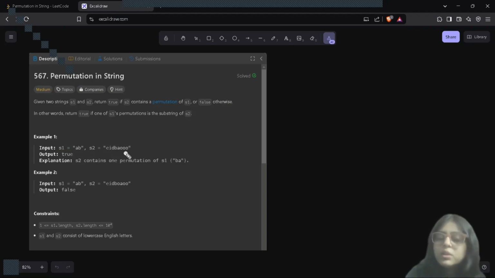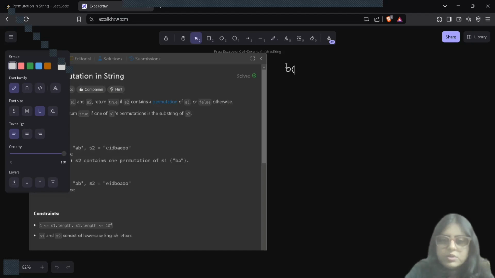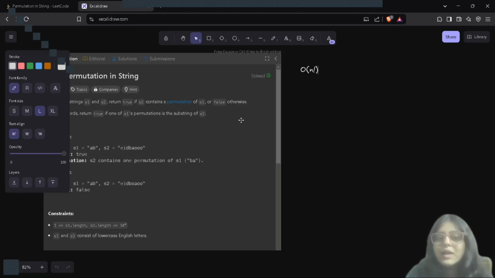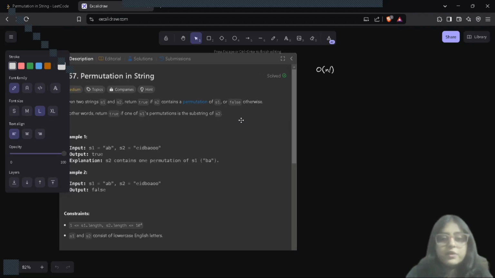Looking at all the possible permutations of a small string like AB can be fairly easy, but when we move to a moderate length string, it can lead us to a very computationally expensive operation, with a time complexity of around big O of n factorial. So just figuring out all the permutations of a string can be as expensive as n factorial.